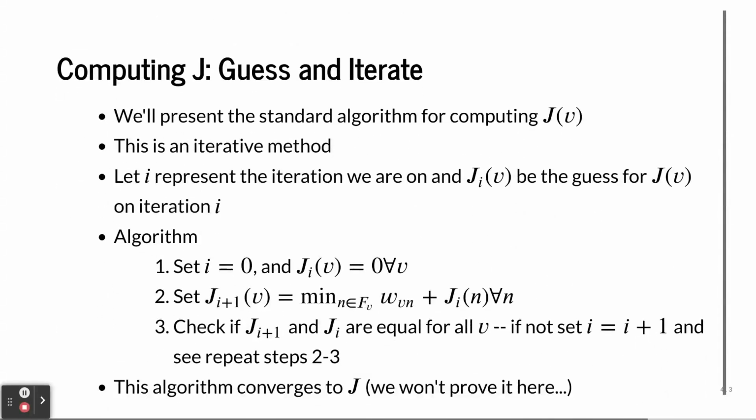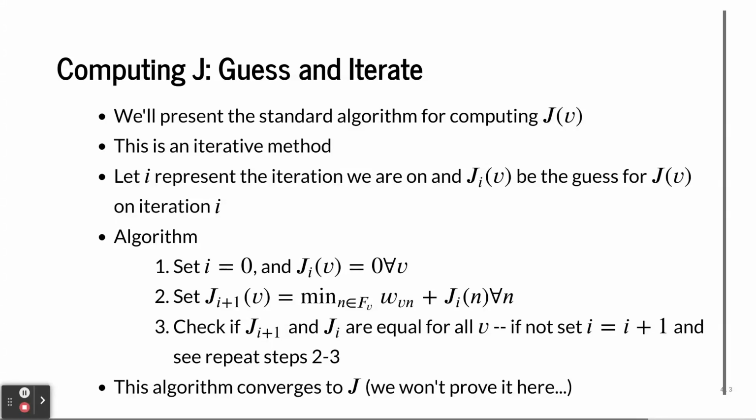So here what we'll do is we'll present the classical or standard algorithm that's often used for solving recursive functions like this. This is going to be an iterative method, meaning that we'll start with some guess, some candidate J hat, and we'll actually use the Bellman equation to update our guess.